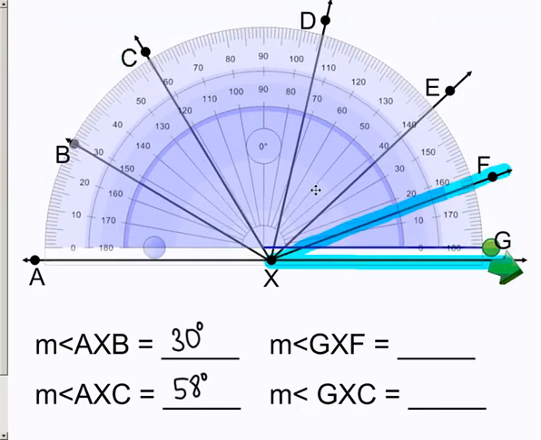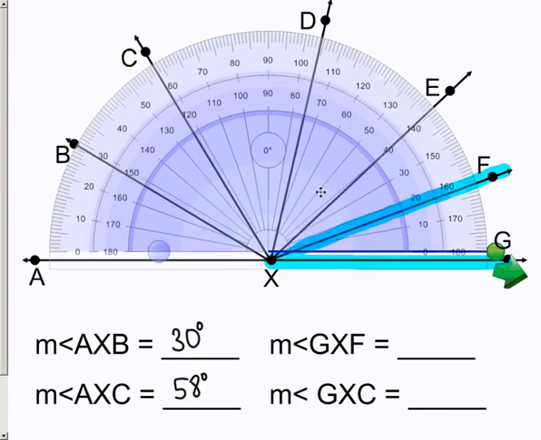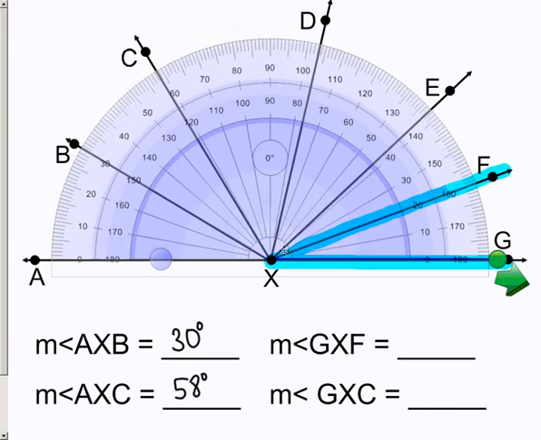And so what I'm going to do now is set my protractor down right on the vertex, and I'm going to make sure that one of the rays lines up with my protractor. But this time, I have a slightly different scenario. I don't want to use this outside set of numbers, because see where it's starting at 180?